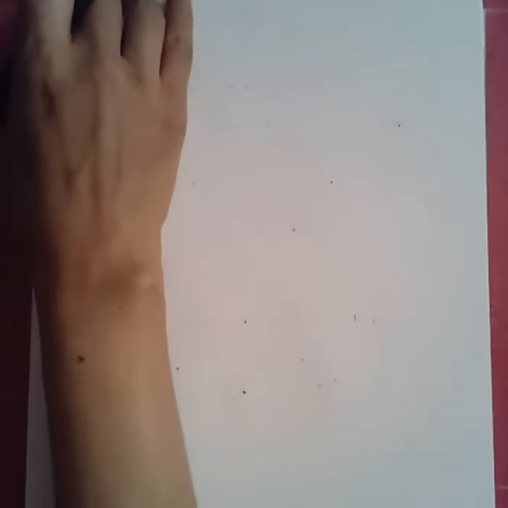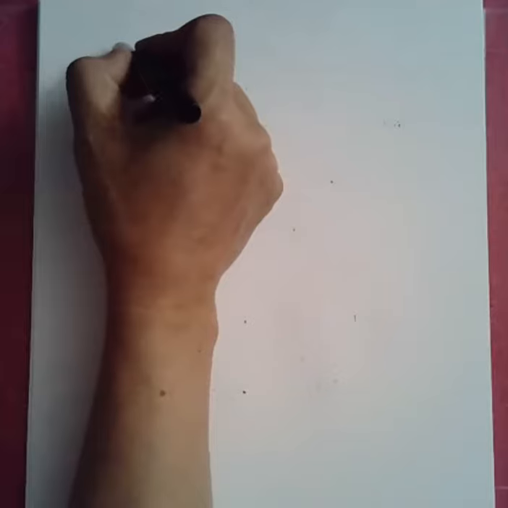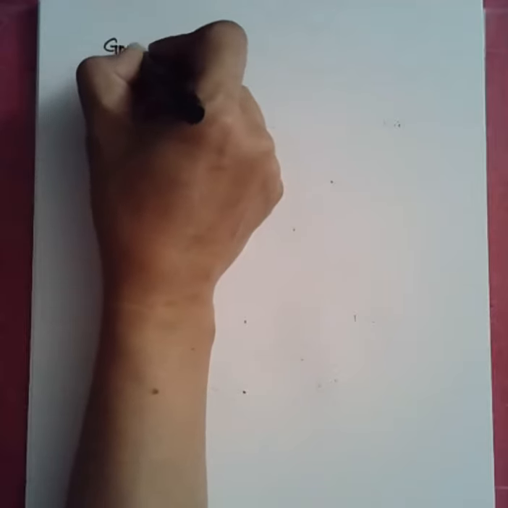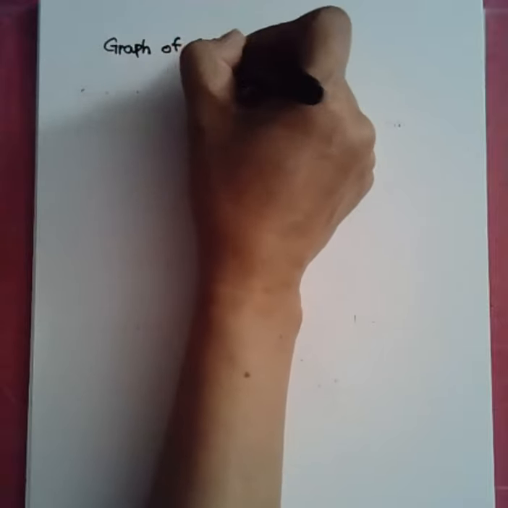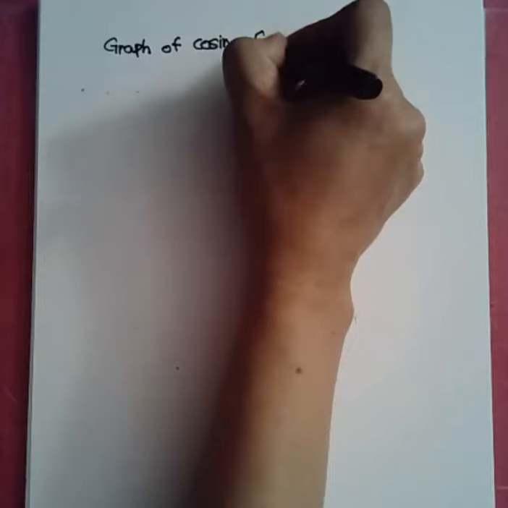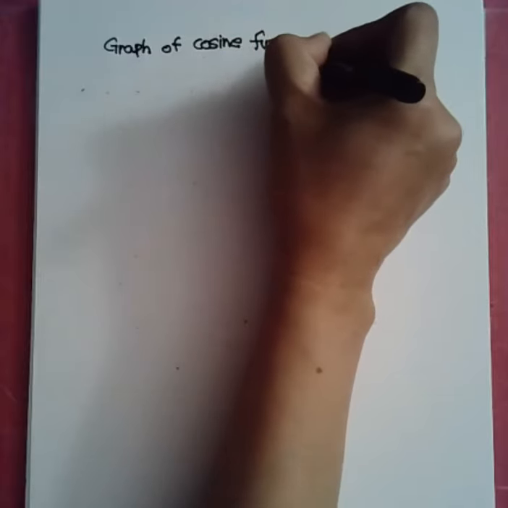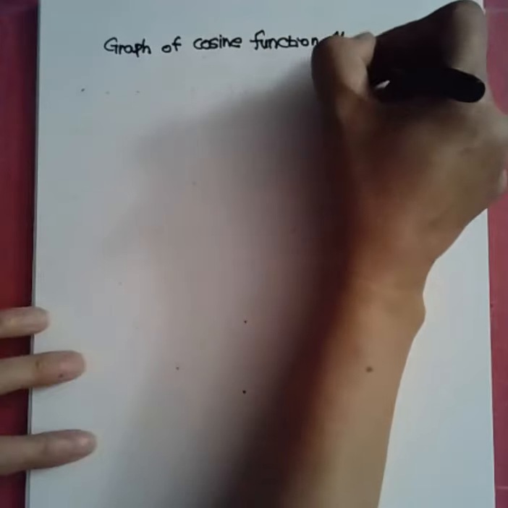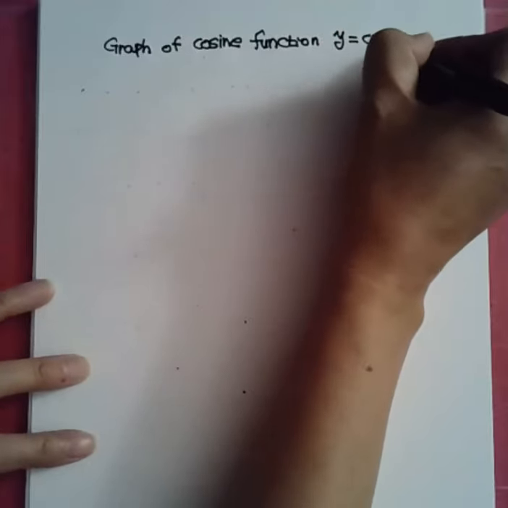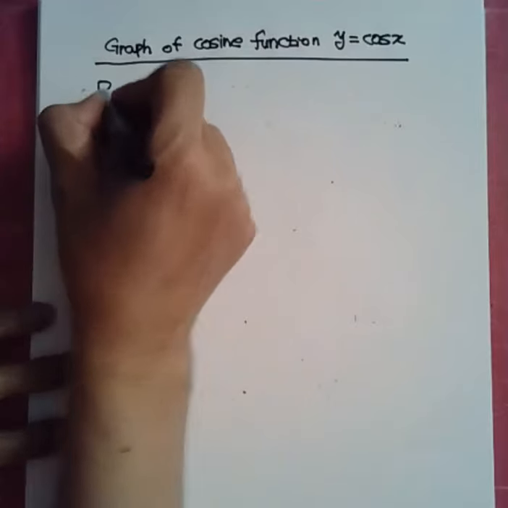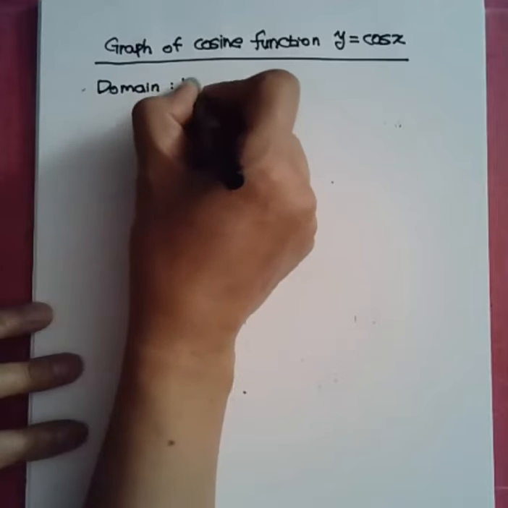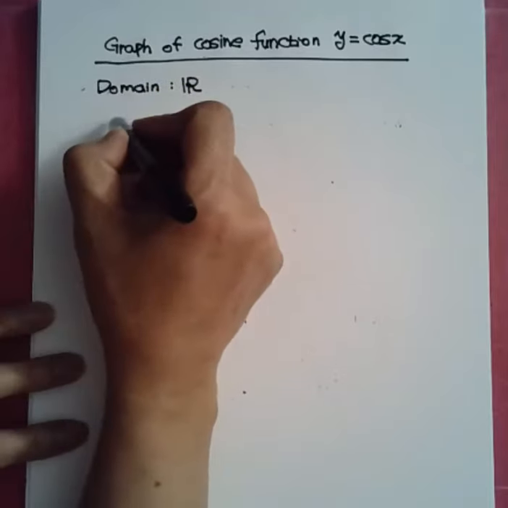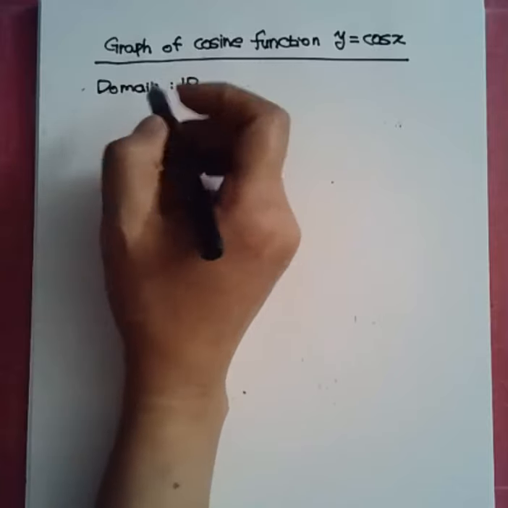We can draw the graph of cosine functions similarly. We already know the domain of the cosine function is the entire real number.